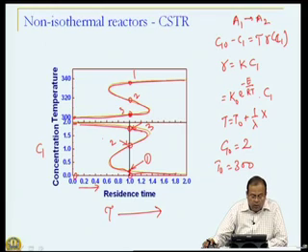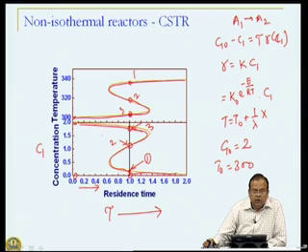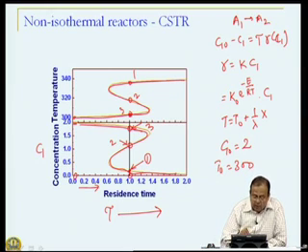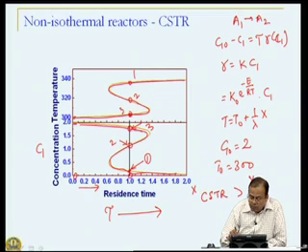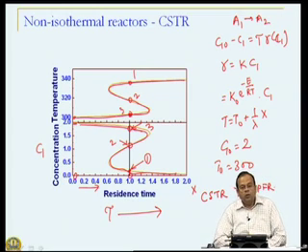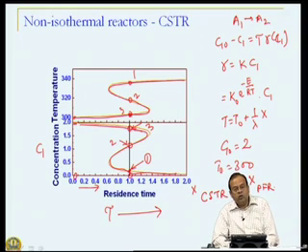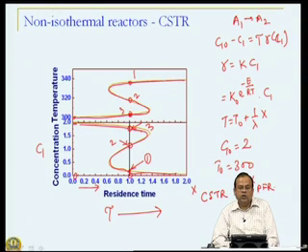Also, although I do not have numbers here, it so happens that for the same residence time, the conversion in a CSTR now is much better than conversion in a plug flow reactor. Remember, for an isothermal reactor, CSTR always performs poorly compared to plug flow reactor, because we saw the reason for that. In a plug flow reactor, concentration decreases from the entry point to the exit point in a gradual manner.